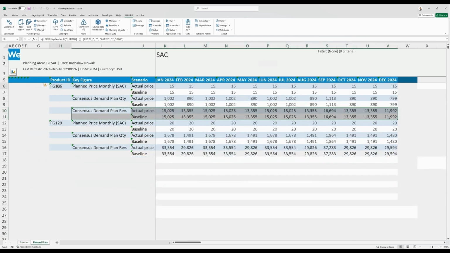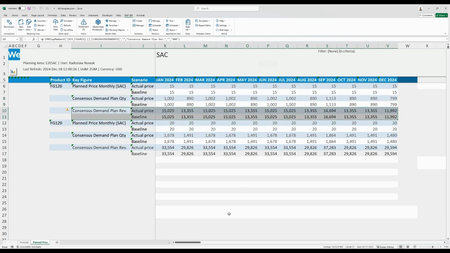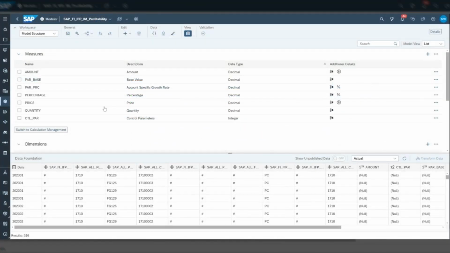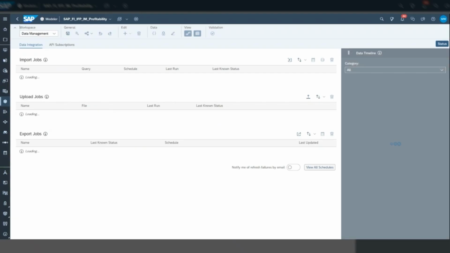So what demand quantities are we expecting? And you may note, to actually understand these as potential revenue, we need prices. And the planned prices we're pulling in from the SAC. Now, let's see how we do that. So this is something, again, you can do yourselves by hand.